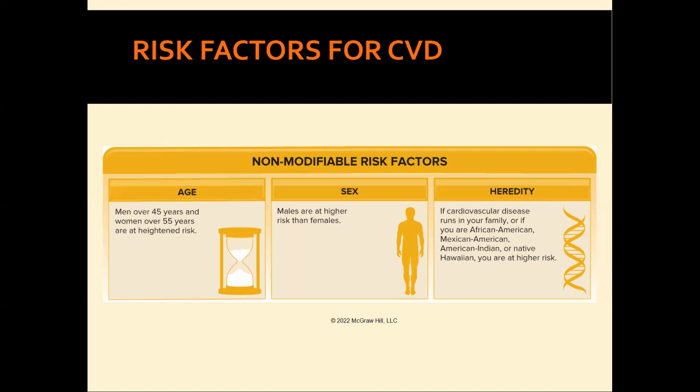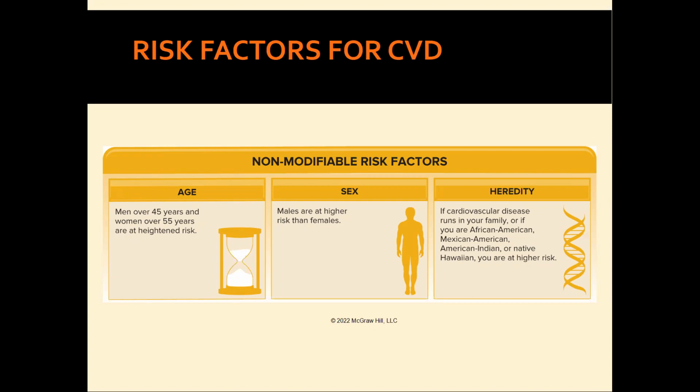Women usually go through menopause around age 50 to 55, and the level of female sex hormones declines, and that increases a woman's risk of developing heart disease. For men, after age 45 or 50, that's when you have that increased risk.